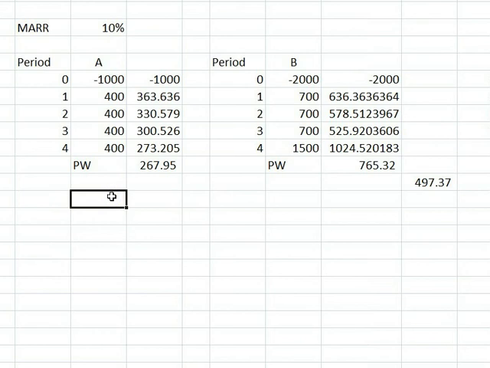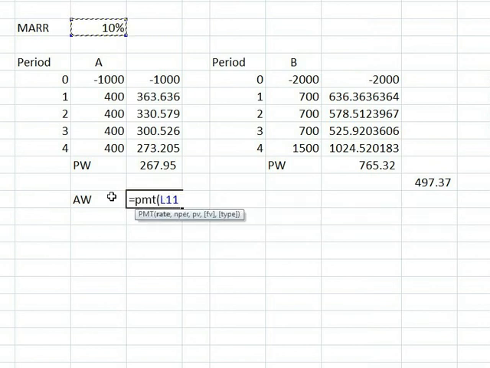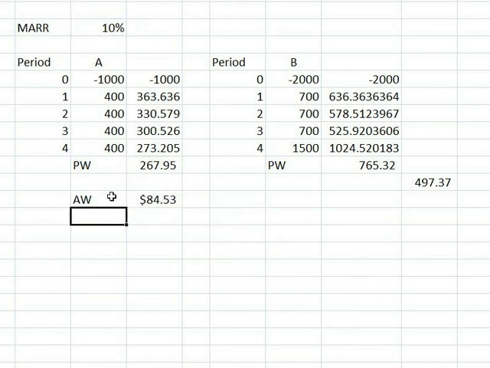We can also compute the annual worth of this project, and for that we use the formula PMT, where the rate is 10%, the number of periods is 4, and the present value is 267.95, and that yields 84.53. The annual worth for project B is 241.44.